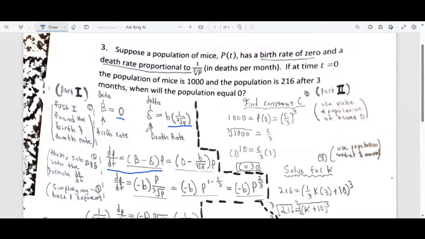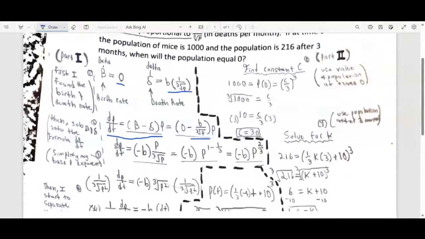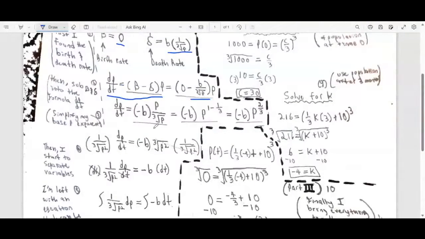Once we have our birth and death rate, we sub it into our equation, and we get that dP/dt is equal to negative b over the cube root of P, times P. Then we simplify. We factor out the negative b, and then we have P over the cube root of P, and then we use exponent laws.